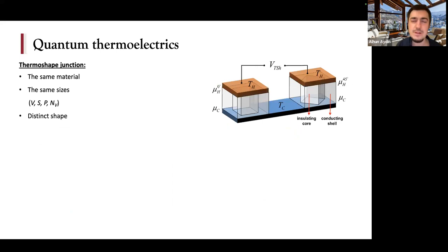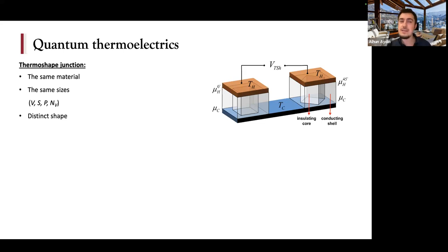The second example I would like to show you as an application is in thermoelectric devices. In usual thermoelectric devices, you are basically taking advantage of the different transport properties of electrons and holes. So in the legs of, for example, the usual thermoelectric junctions, you are getting the electrochemical potential difference, which leads to the voltage difference, because the transport behaviors of electrons and holes are different in the two legs.